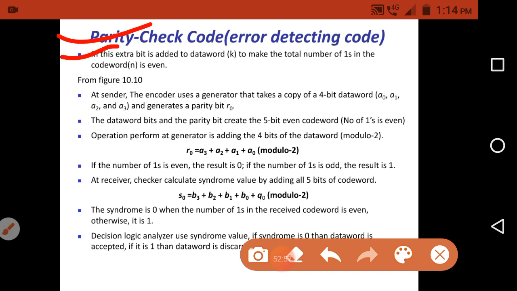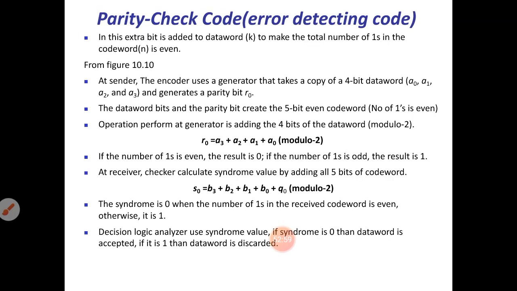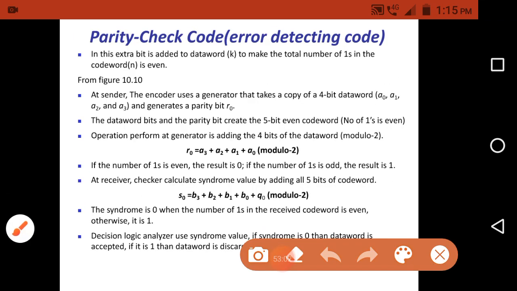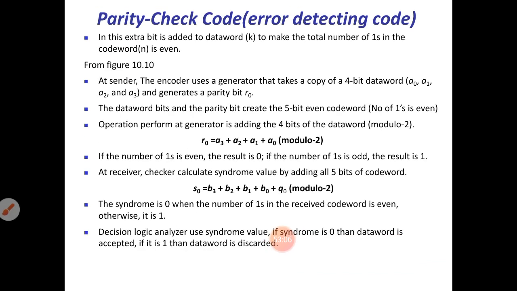This is what we call parity checking, and they have taken one diagram here, Figure 10.10.